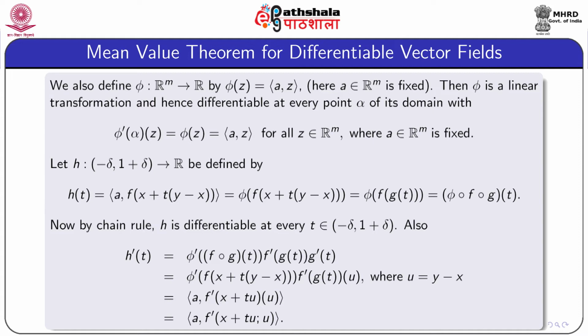Also, we find h'(t) equal to phi'(F(g(t))) F'(g(t)) g'(t), that is phi' F(x plus t(y minus x)) F'(g(t)) u, where u is nothing but y minus x. So, this equals the inner product of a with F'(x plus tu) u.